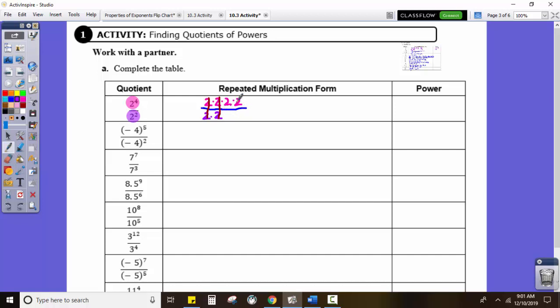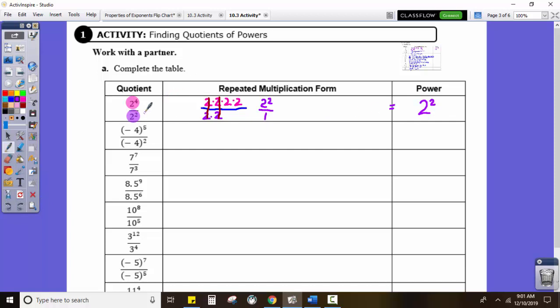In the numerator, I have 2 times 2, which would be 2 to the 2nd power. In the denominator, I don't have any numbers, but I can't put a 0 down here because that would make it an undefined fraction. Remember that if you need a placeholder, it's always over 1. So 2 to the 2nd over 1. To write this as a power, I have 2 to the 2nd power, and we're going to leave it like that. We don't need to find the value of it.